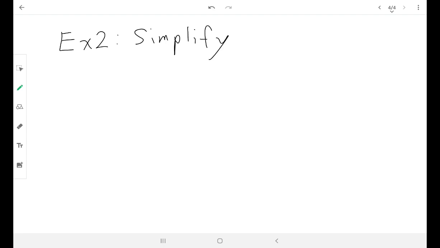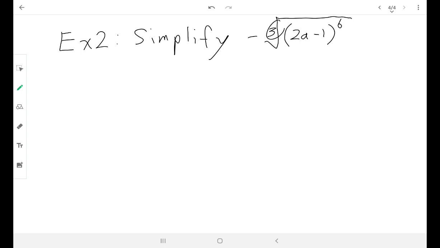And this time we're going to simplify the negative cube root of the quantity 2a minus 1 raised to the 6th power. Okay, so how in the world do you do this?